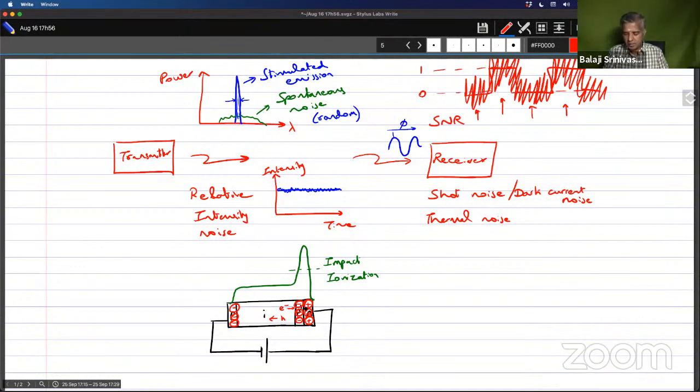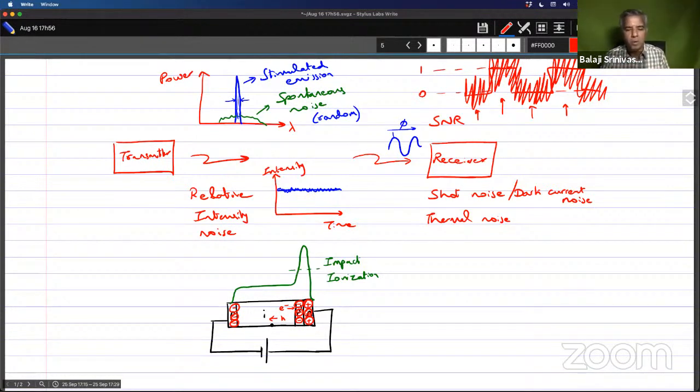And the electron, as it goes across this region, which we call a multiplication region, under the influence of this very high electric field, it will get accelerated and it will cause these impact ionization events.